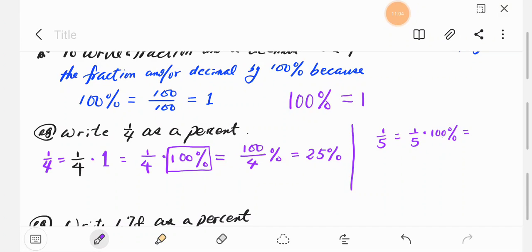So that is equal to 100 over 5, this is 100 over 5%. And then reduce it, so it becomes 20%. Okay, so this is really simple. Converting a number to a percent is really simple because you just multiply the number by 100%.